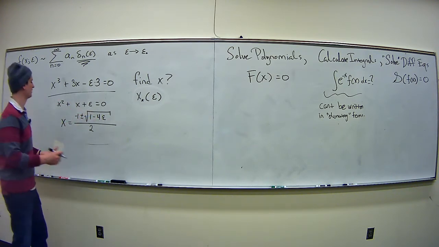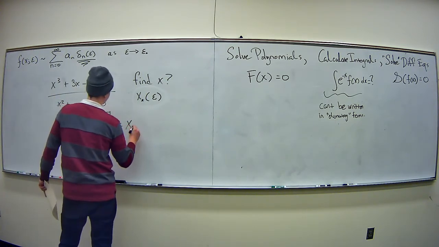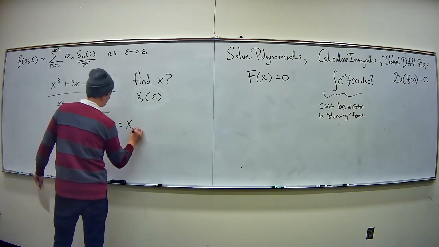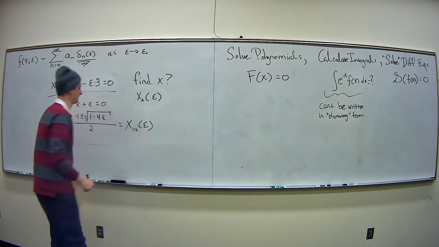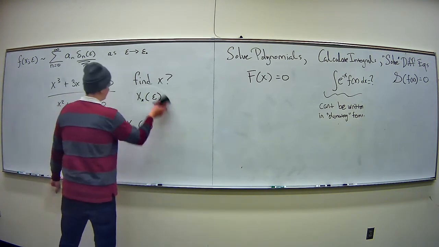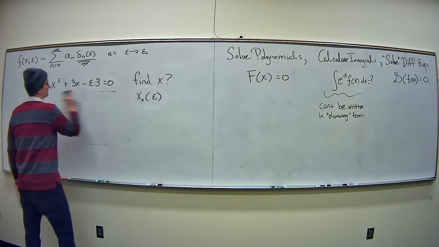Okay, so see how this one gives you 2 roots, x1 and x2. Right, this is a function of an epsilon value. So the idea of writing down roots, you could think of it as figuring out the function in terms of the parameter epsilon.